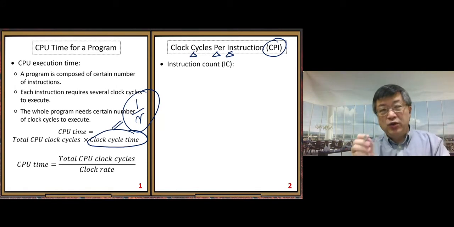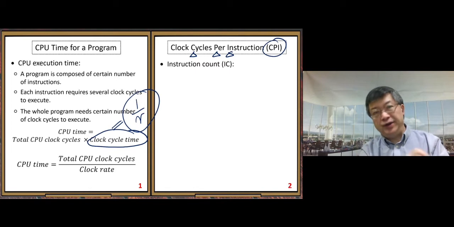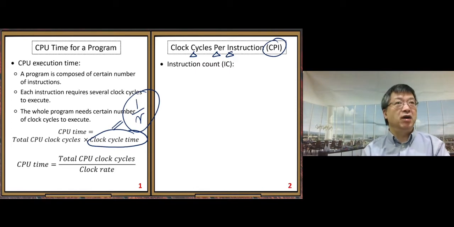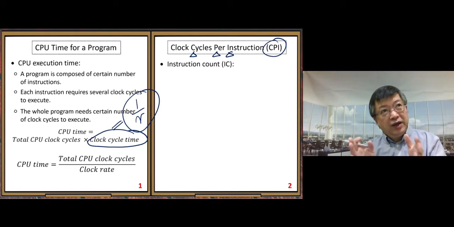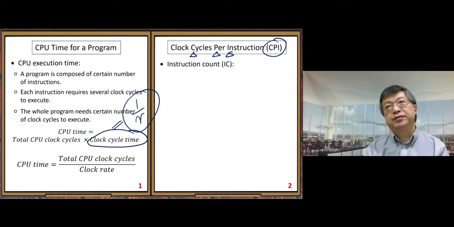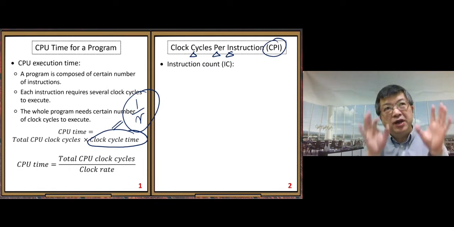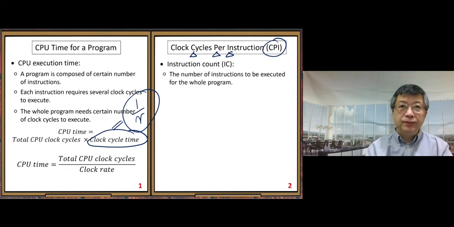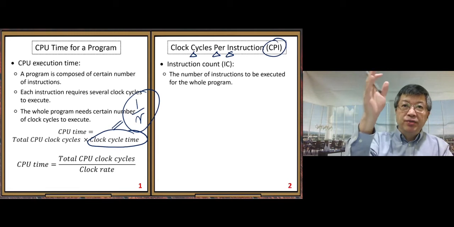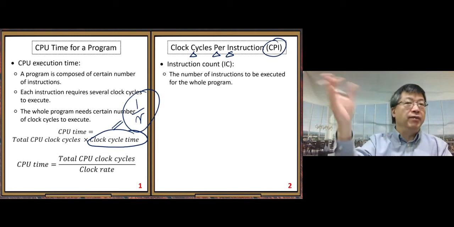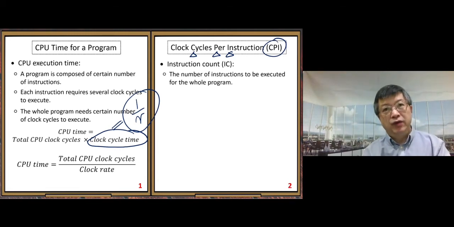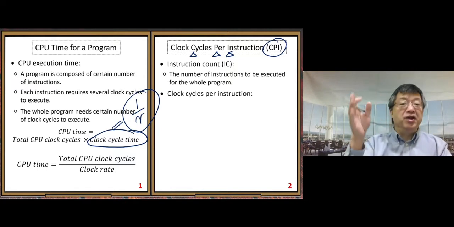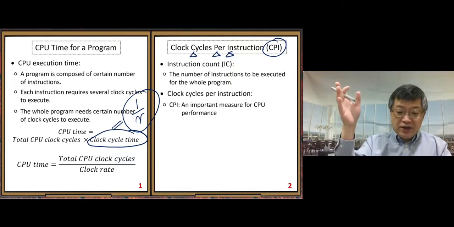Do not get confused with integrated circuit, which is also IC. But when we measure performance in this context, IC means instruction count, the number of instructions to be executed for the whole program. Straightforward understanding.